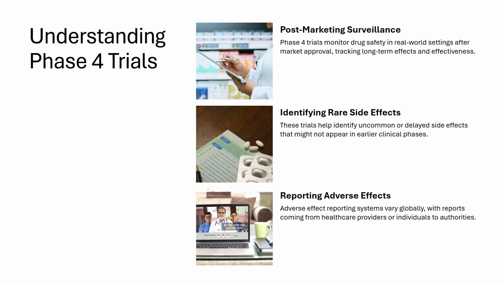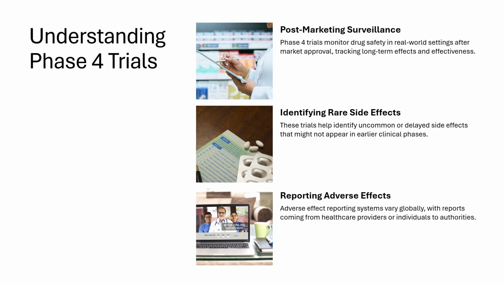In phase 4, safety monitoring continues through adverse event reporting systems, which vary by country. In the US, for example, healthcare providers and patients can report side effects through the FDA's MedWatch program.